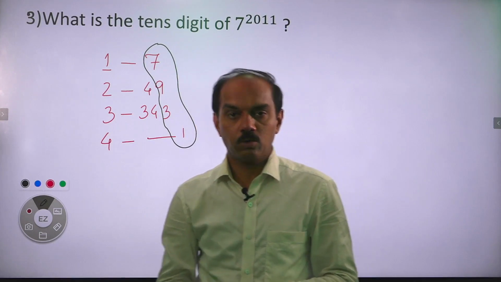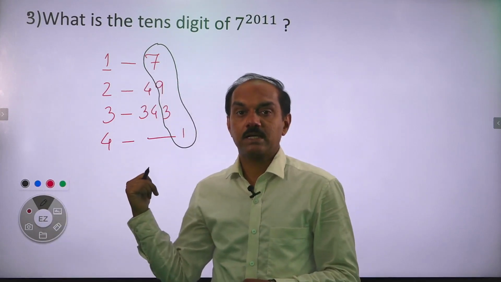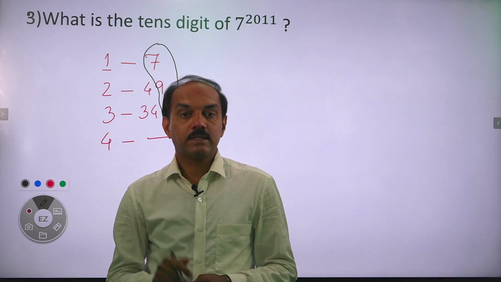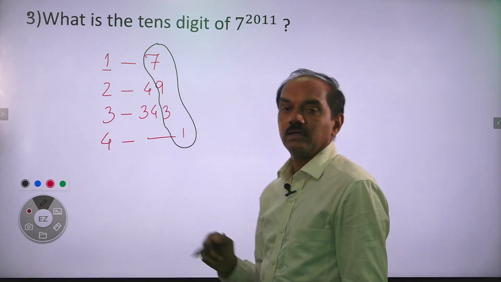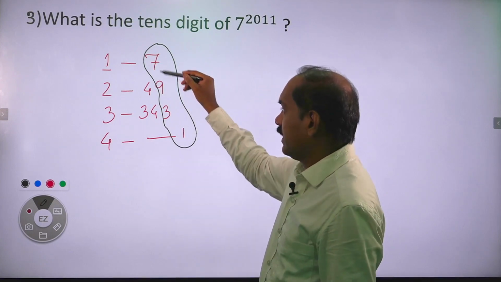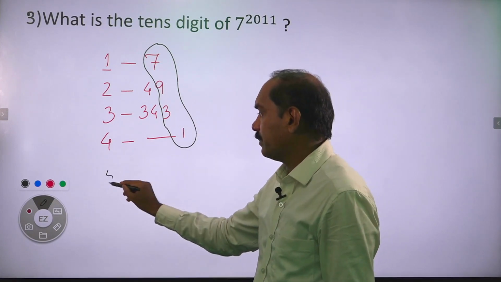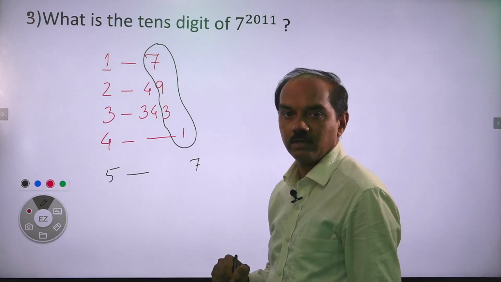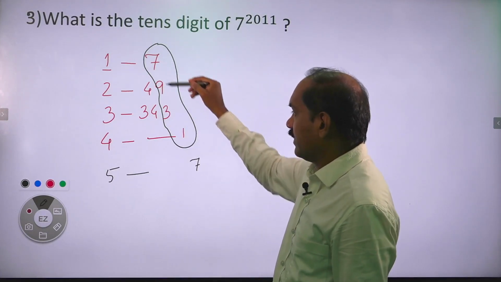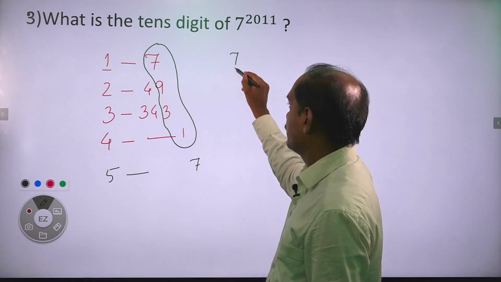Let me do both in this problem, but here the question asked is on the digit in the 10th place, right? But let us first concentrate on the digit in the unit place. 7, 9, 3, 1. If you multiply again, 7 ones are 7. In the end again 7 will come, meaning 7931, 7931.